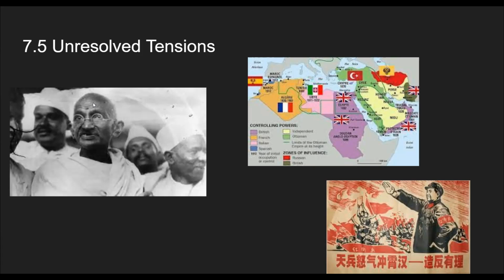And Mohandas Karamchand Gandhi, or Mahatma Gandhi, brought the Congress's cause to the masses of India, and he caught the attention of the world by creating protests in order to show the world the injustice of the British system.